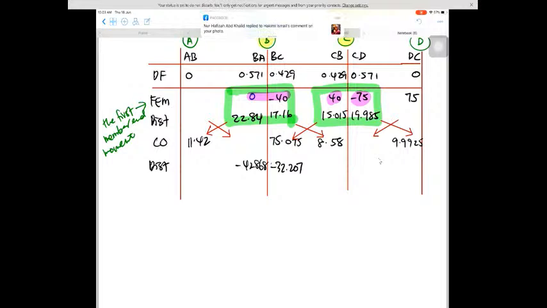Opposite with member and moment, so we use negative 8.58 times 0.429, so we get negative 3.68. And 8.58 times 0.571, so we get negative 4.9.